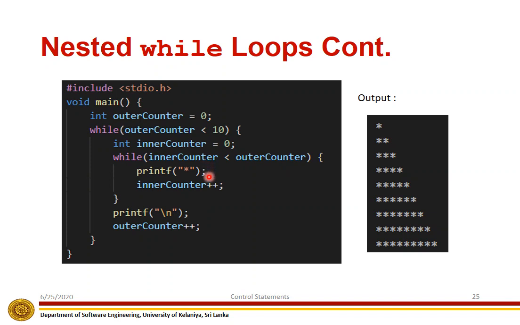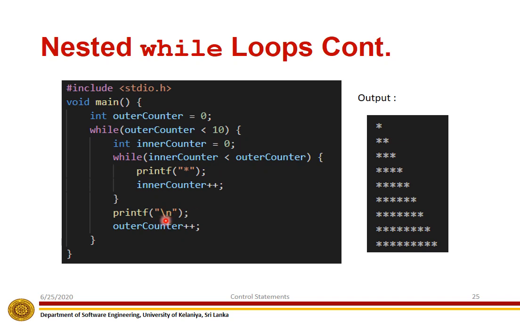So the inner while loop condition, 0 less than 0, is not satisfied, it is false because 0 equals 0. So this will be ignored and it goes to the outer while loop statements, because the outer while loop condition is true, so it has to execute the statements inside the outer while loop.